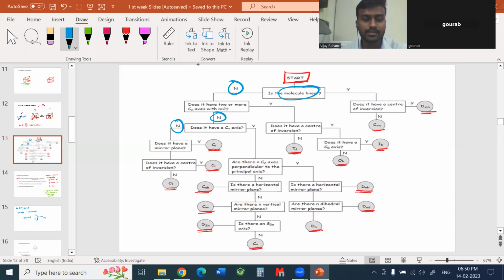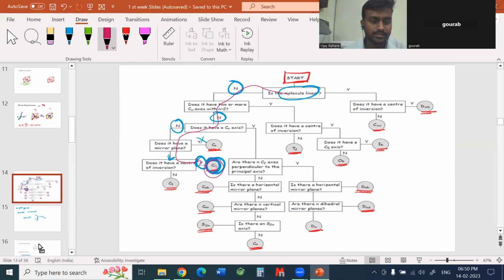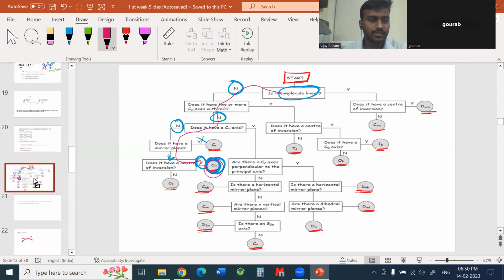Does it have a mirror plane? No, so we go in this direction. Does it have the center of inversion? Yes, it has the center of inversion. So this molecule belongs to the Ci point group. This chart we need to consider always, so we can easily figure out which point group a molecule belongs to. We'll just apply this to our problem.